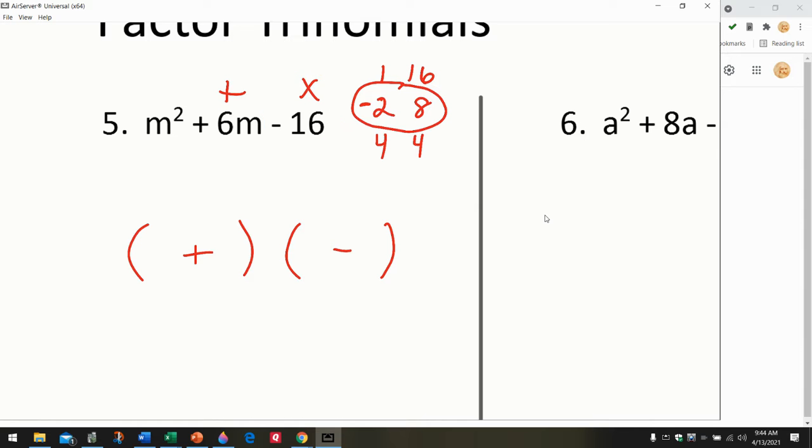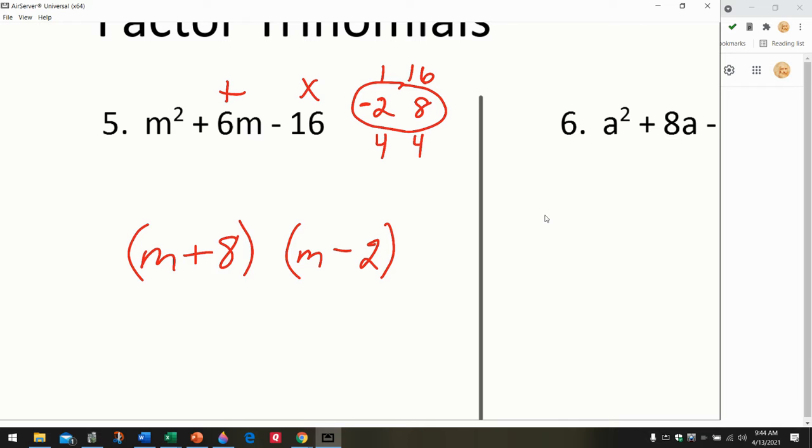And when I add -2 and +8, I get +6. So those are going to be the two numbers we will use. As you can see, we have an m squared, so we'll put an m here and here. And then we will use the 8 for the positive side and then the 2 for the negative side.